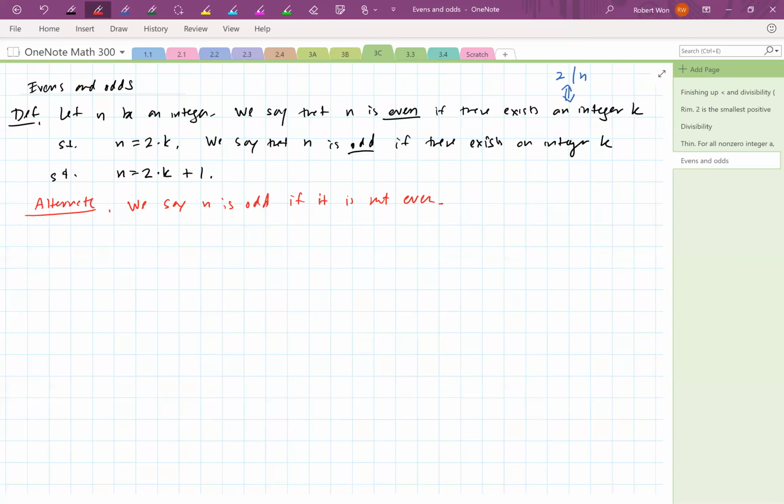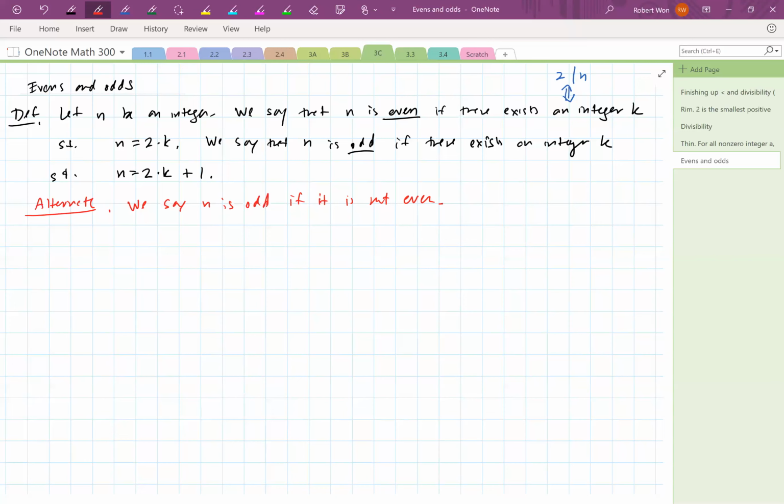So if you're in the middle of a proof and you know that n is odd, you can automatically write, oh, then there exists an integer k, it's just that n is equal to 2k plus 1. So it gives you something concrete to work with. If I use this alternate universe definition, if you knew that n was odd, all you would know is, oh, n is not even, so I can't possibly write it as 2 times k. But that's not a concrete thing to work with. So I think the first definition is more convenient to work with.